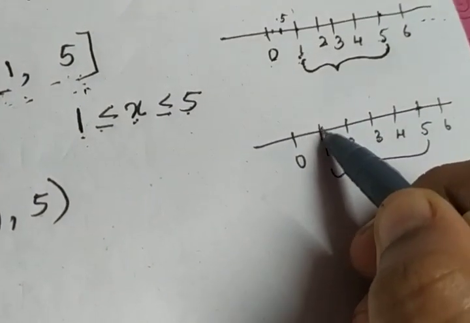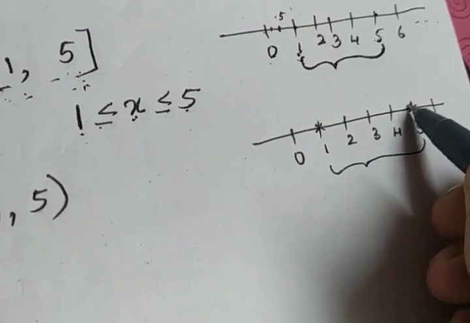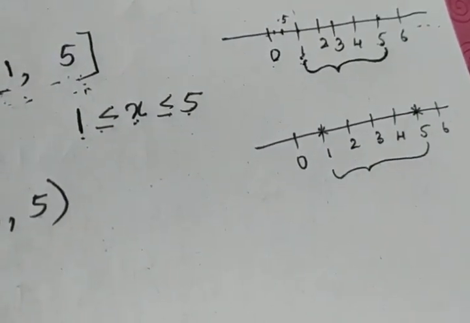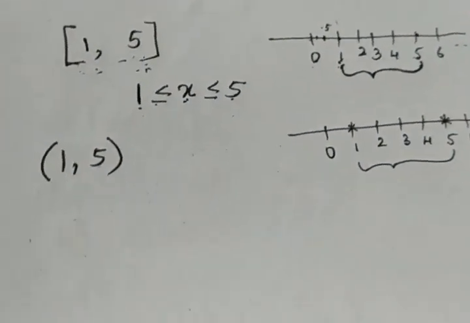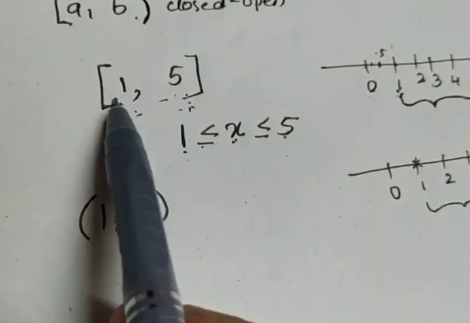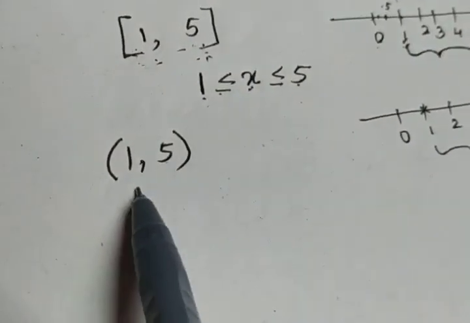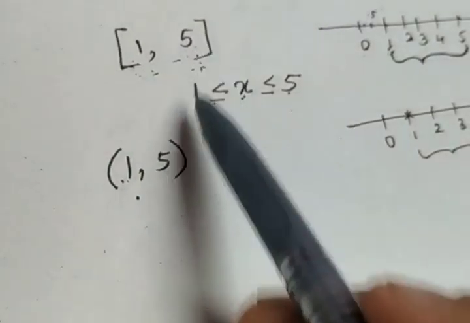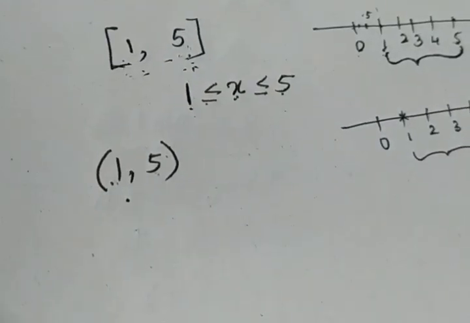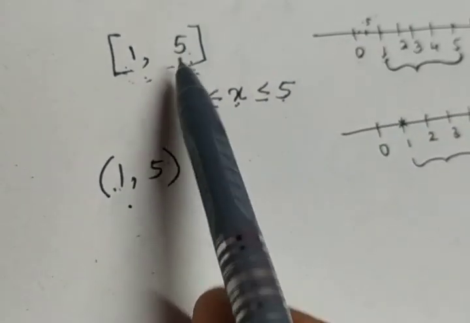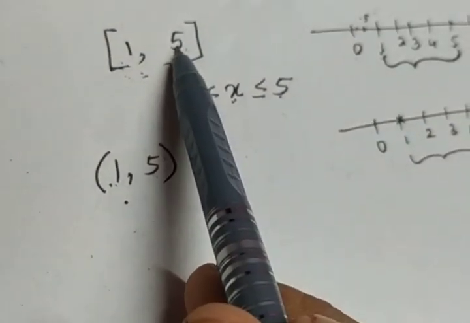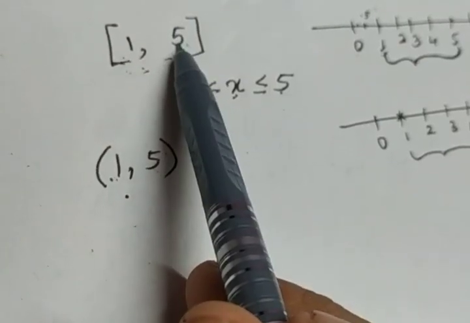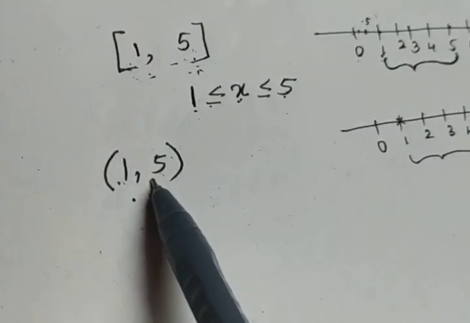But 1 is not there and 5 also is not there. If it is a closed interval, 1 and 5 are there. If it is an open interval, the end numbers will not be there. So the difference between these two sets is only 2 numbers. Which are those numbers extra in closed interval [1, 5] compared to open interval (1, 5)? 1 and 5.